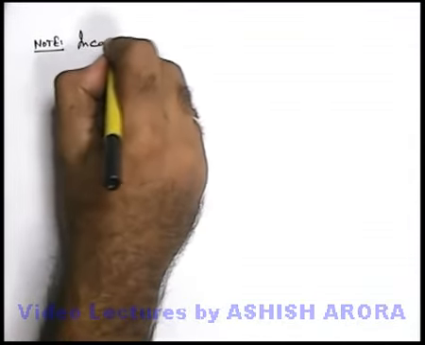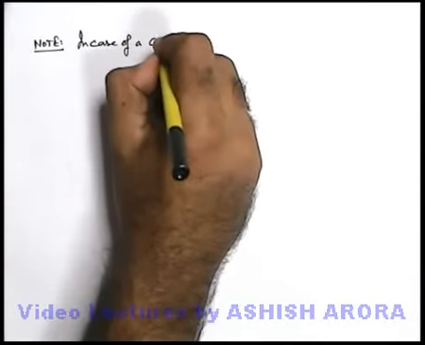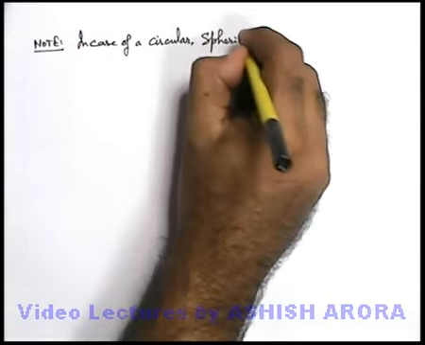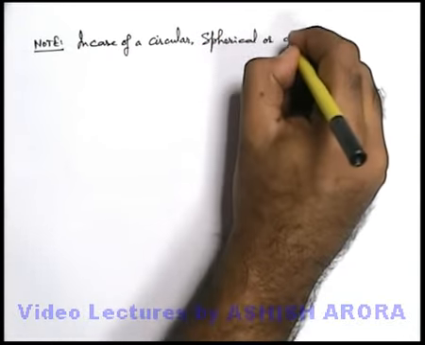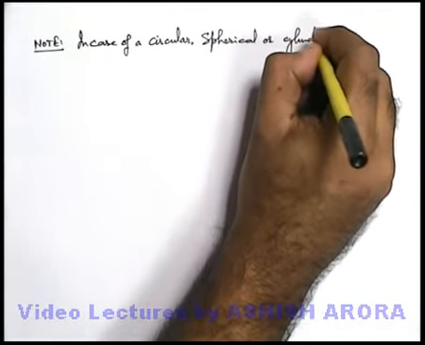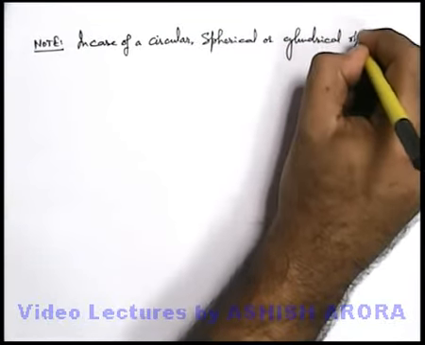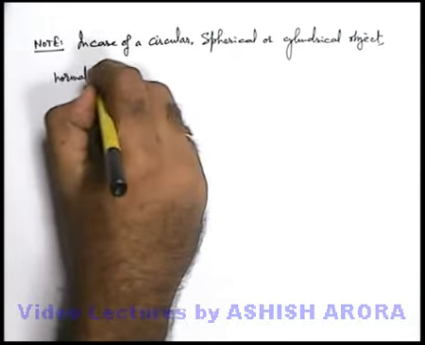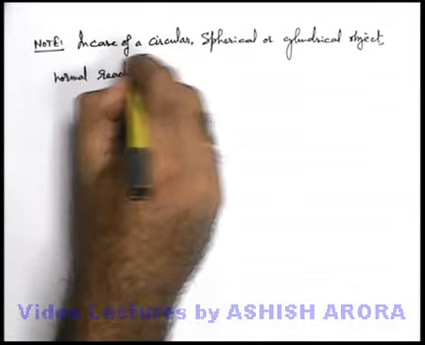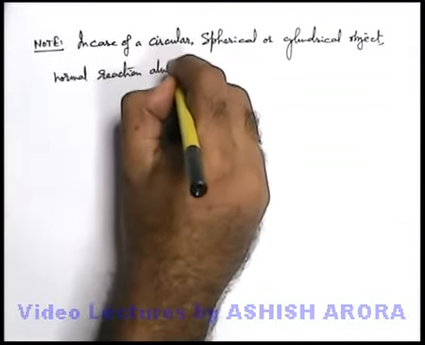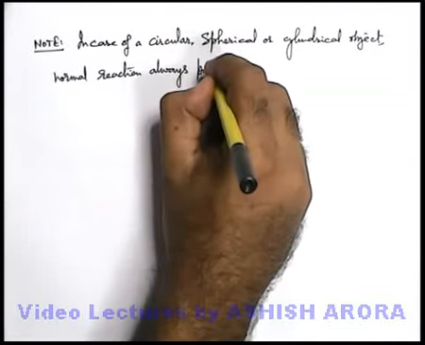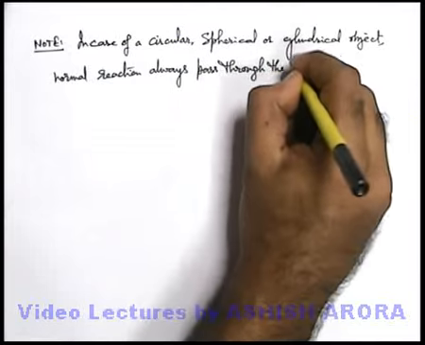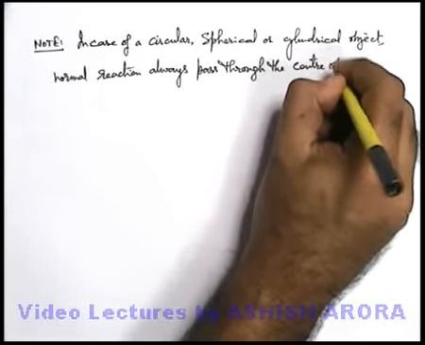In case of a circular, spherical or cylindrical object, normal reaction always passes through the center of the object.